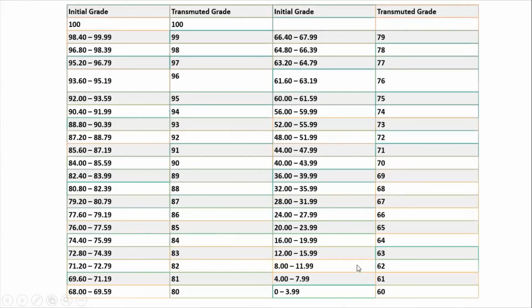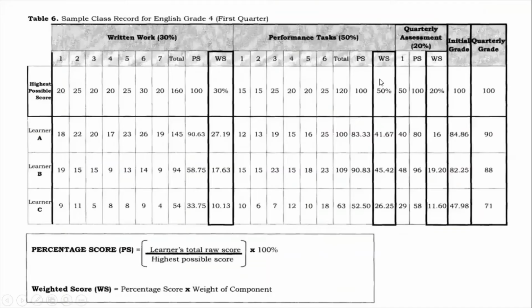This is the transmuted grade. So you can look here into the initial grade of the student and then transmute it. You have here the equivalent. So if you will be putting grades already in the card, you cannot see decimal points because the transmuted grade is already in integer form.